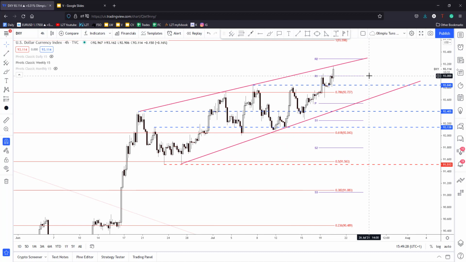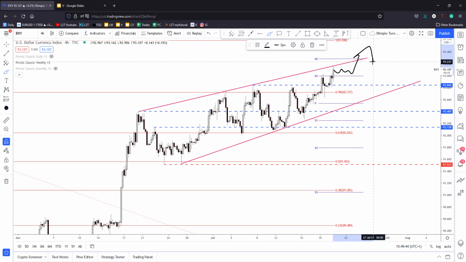Also it is traded right above, it's traded at 93.11, far above the 93 psychological level, R1 weekly resistance, stabilizing above this broken static resistance. Consolidation here could bring a potential further growth here.